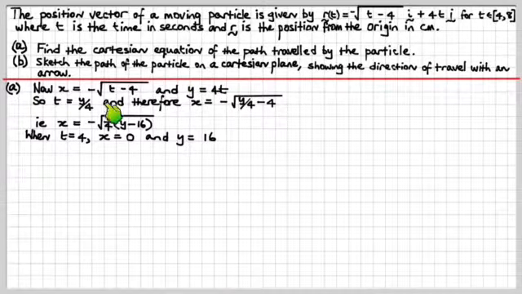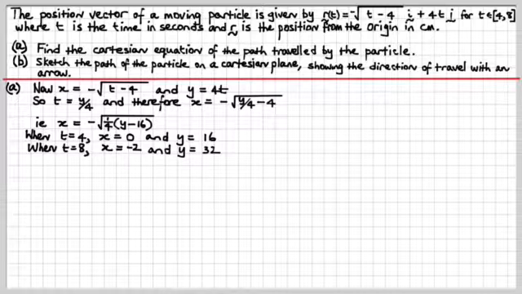So when it starts its journey at t is 4 seconds, x is 0 and y is 16, the starting point for this segment of the journey where t goes from 4 to 8. Now when t is 8 at the other end, we've got x is minus 2 and y is 32, by substituting in the same way.